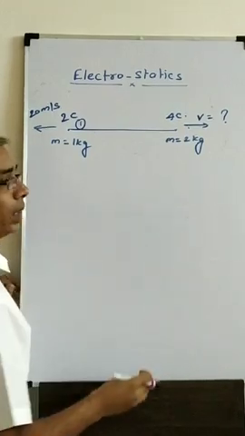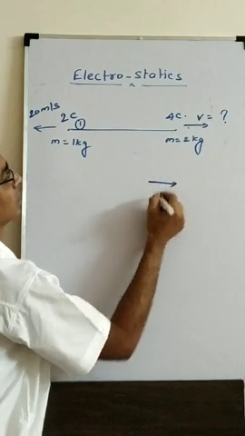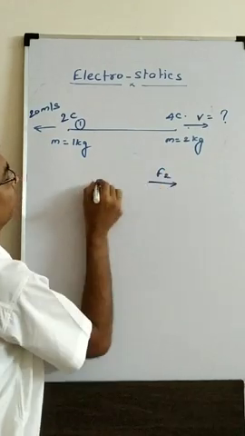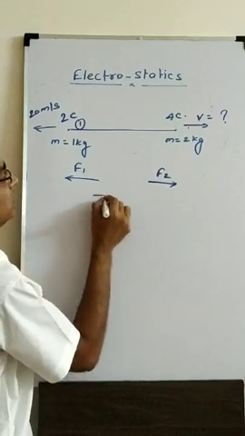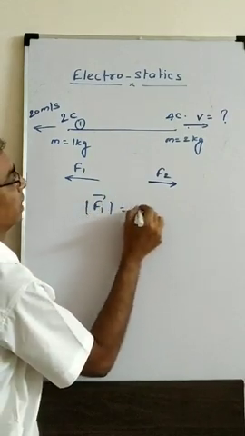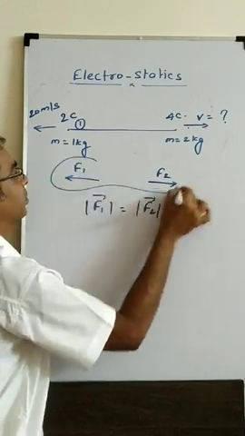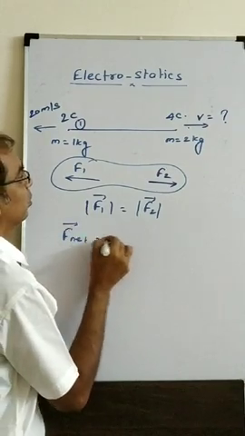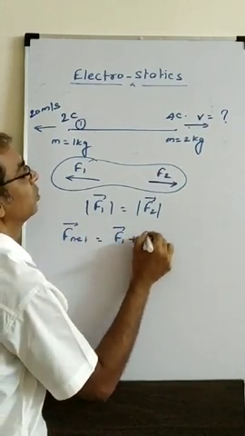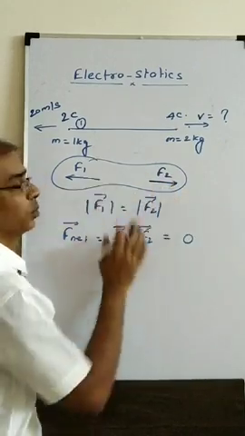Exactly the same way. We know that the force acting on this, let's say that's F2, and the force acting on this is F1. But we know that their magnitudes are equal. Magnitude of F1 is equal to magnitude of F2. If I add them, the net force on the system will be F1 plus F2, and I know that it will be 0, because the directions are opposite.